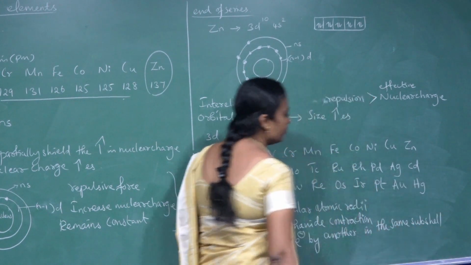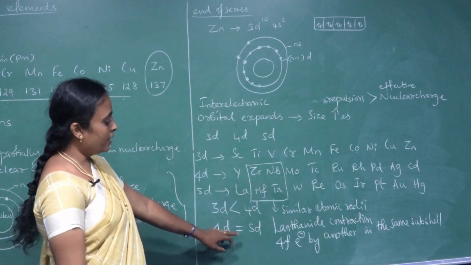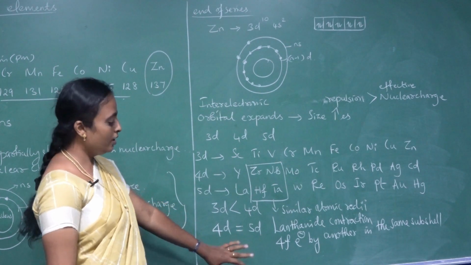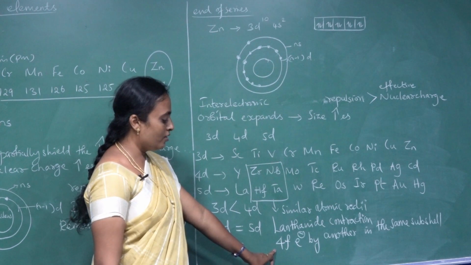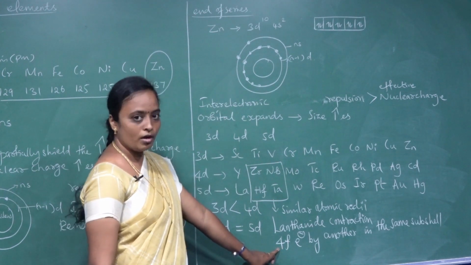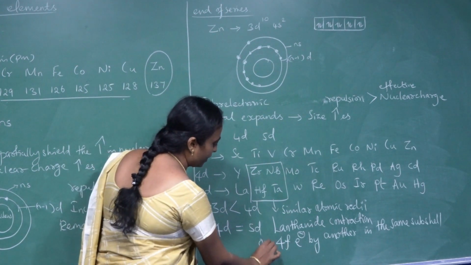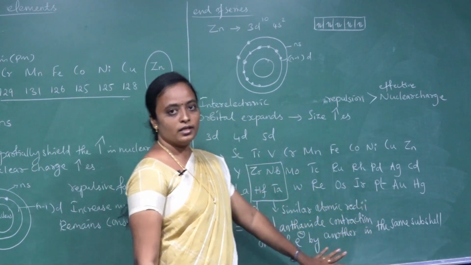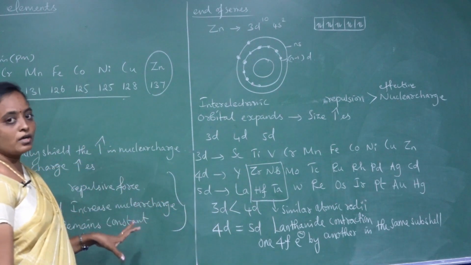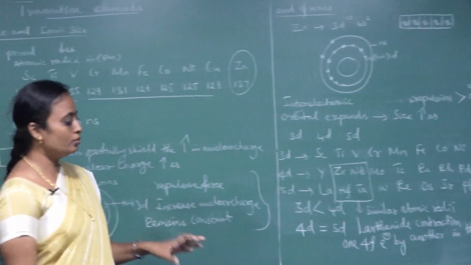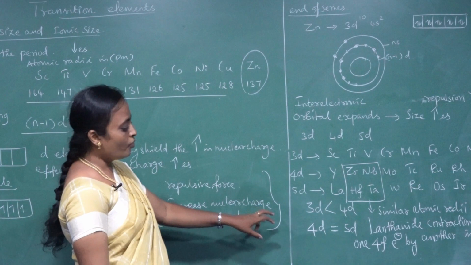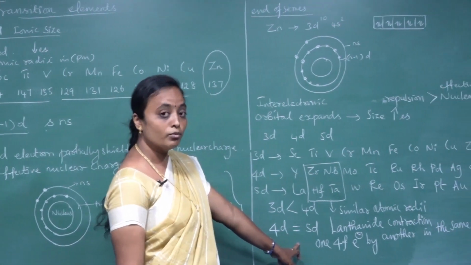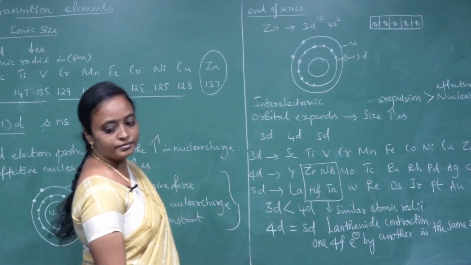That is, f orbitals mean poor shielding. Due to the lanthanide contraction, the 4d and 5d transition series have almost similar atomic radii.